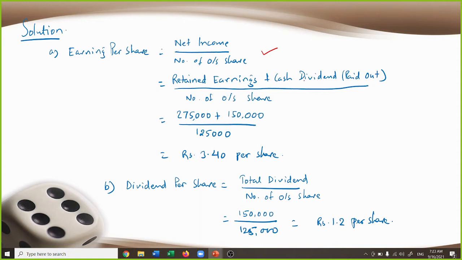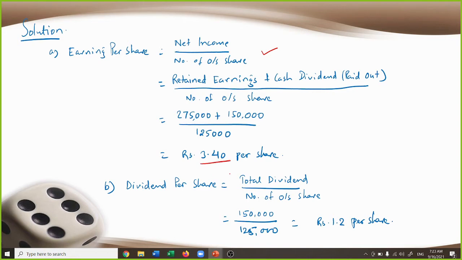If you follow the income statement, then you'll find net income, which is termed as net profit also, in the income statement, and after net income or net profit, the company will announce the dividend.